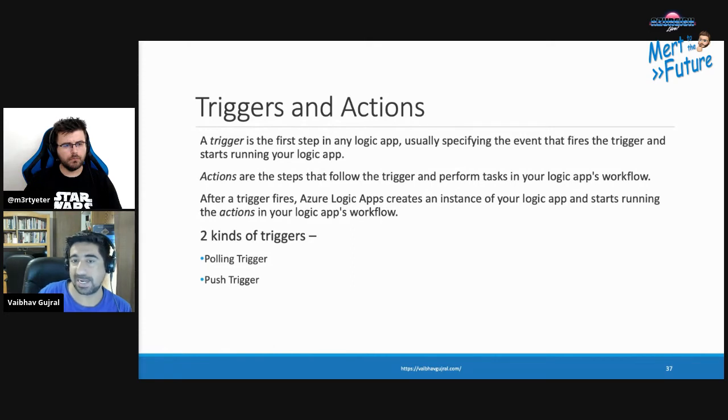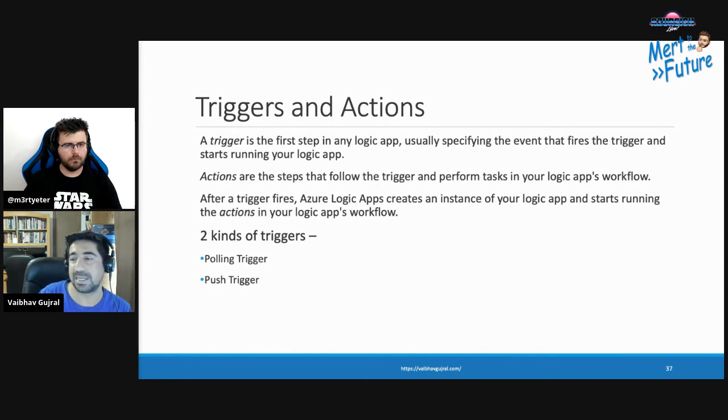There are two different kinds of triggers that you can utilize as part of your Azure Logic App workflow: polling trigger and push trigger. As the name suggests, the polling trigger regularly polls a specific service or system based on a specific schedule, and it always keeps checking if there is a new event that has happened in that source system, or if there is new data available in that source system.